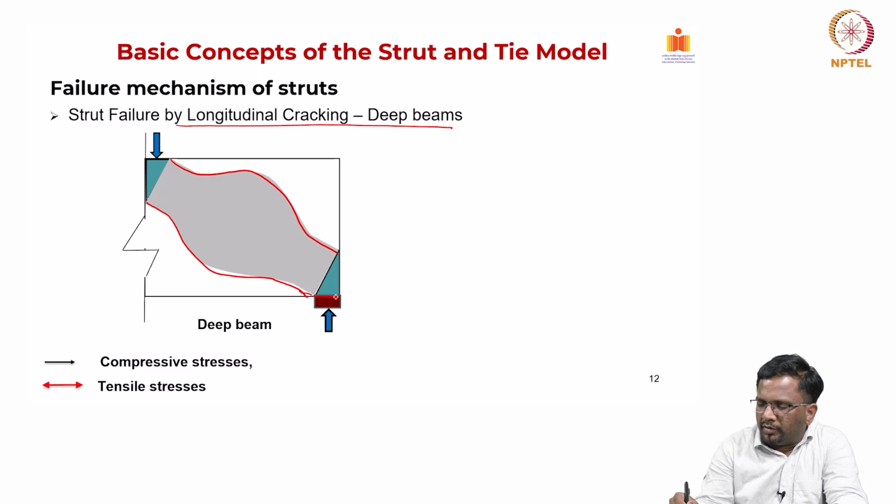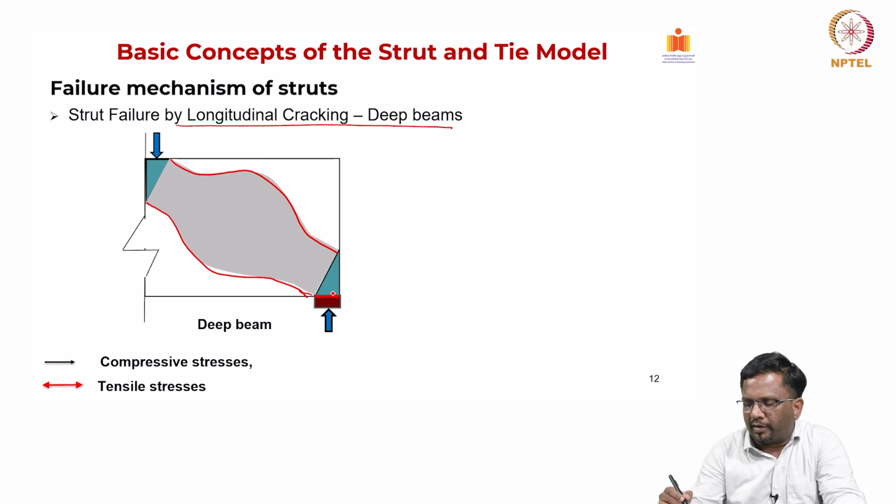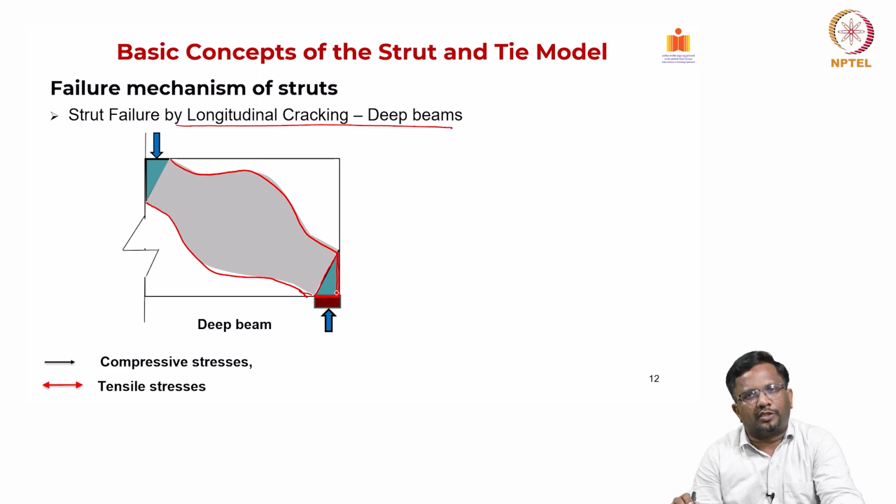And this is the width of the node. Typically, it corresponds to the width of the loading plate. Then, based on the geometry, we can arrive at the geometry of the nodes and the shape of the strut as well.